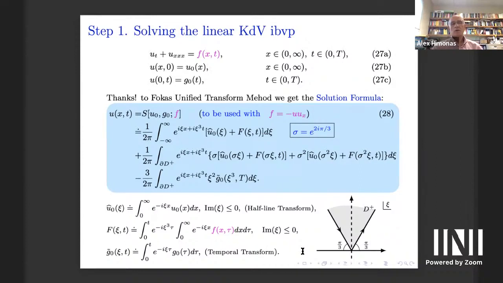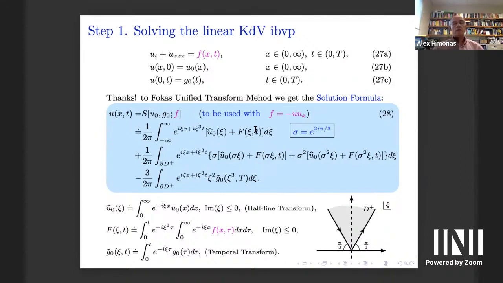And this also was why I included the earlier story about solving the KdV with smooth data. So again, here we begin, step one is the same. We produce the solution formula, the UTM solution formula, using the Fokas method.